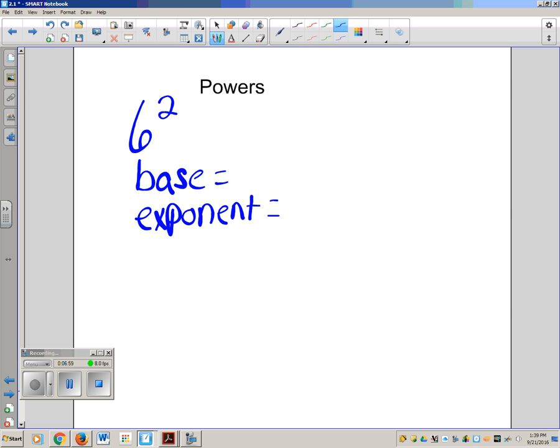One of those numbers is the base, one of them is the exponent. Kenna, which one's the base? 6. 6 is the base. The exponent is 2. Write it with words. We don't say 6 to the second power. We can. There's another way to say it. 6 what?